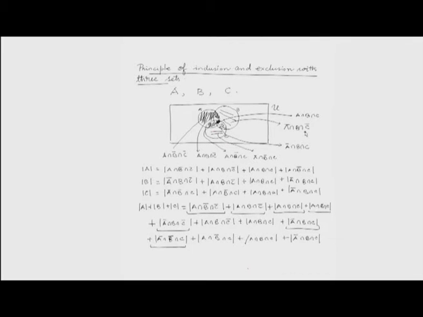All of them together gives me the cardinality of A union B union C. So, I can write cardinality of A union B union C, which is sum of these terms plus A intersection B intersection C complement plus A intersection B intersection C plus A intersection B complement intersection C plus A intersection B intersection C plus A complement intersection B intersection C is 5 elements.